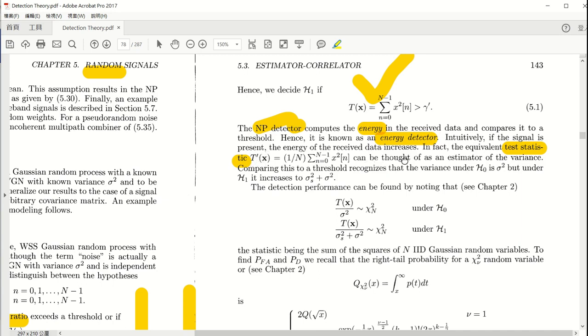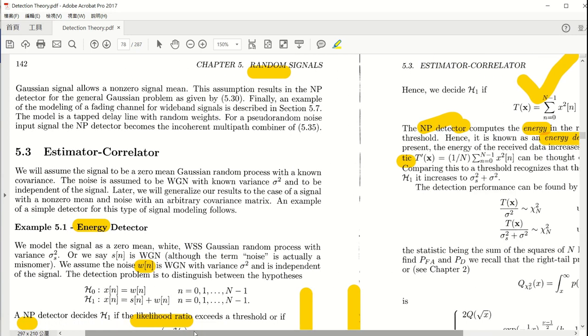Then we can think of it as an estimator of the variance, right? We think of it as energy, but we can also think of it mathematically as a sample variance, assuming zero mean, of course. If it's zero mean, then this is a sample variance. So we think of it as an estimator of the variance. Then comparing this to a threshold recognizes that the variance on H0 is sigma squared, but on H1 it increases to this, right? Let's take a look at the intuition again.